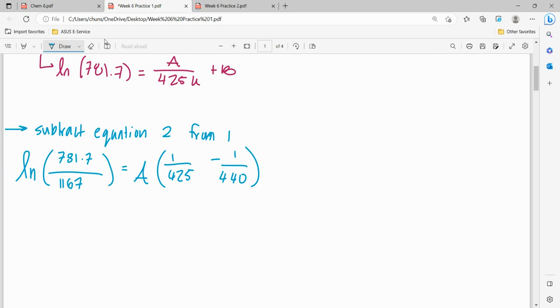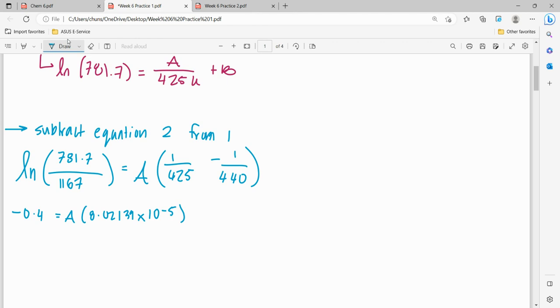So let's solve for our values. This is negative 0.4, equal to A times 1 divided by 425 minus 1 divided by 440. And this is 8.02139 times 10 to the negative 5.